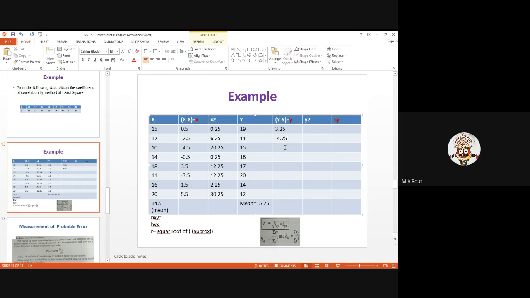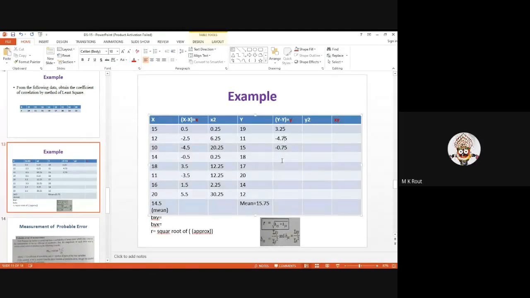Next one, 15 minus 15.75, so that is minus 0.75. Next, 11 minus 15.75, that is minus 4.75.